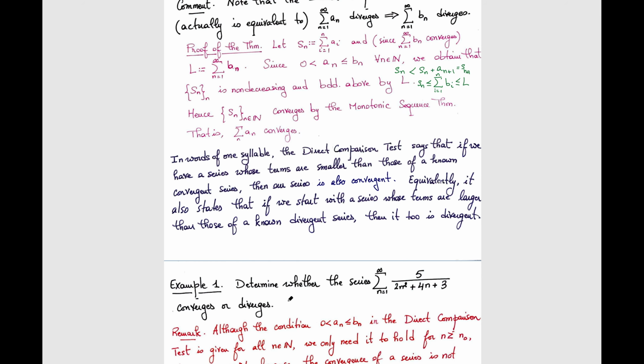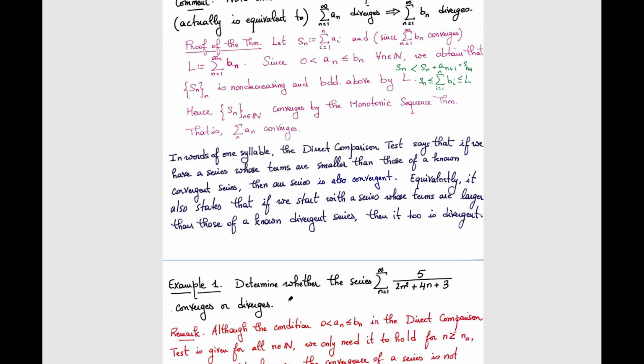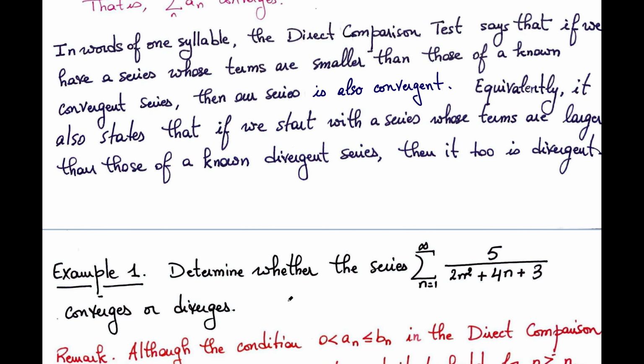Let me zoom in. So how do you compare 5 over 2n squared plus 4n plus 3 to 5 divided by 2n squared? How do we compare the two?